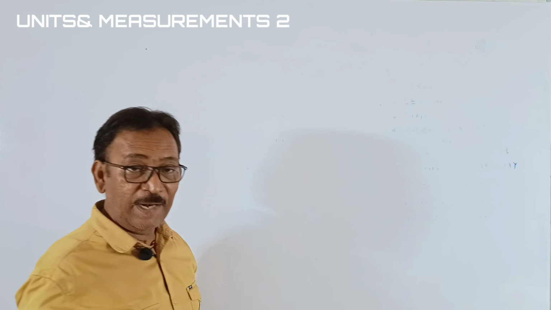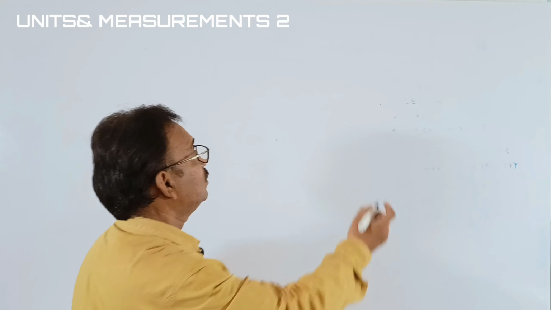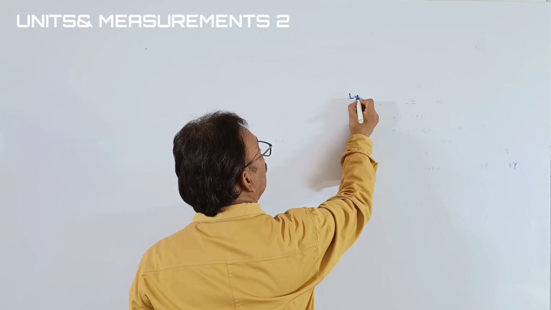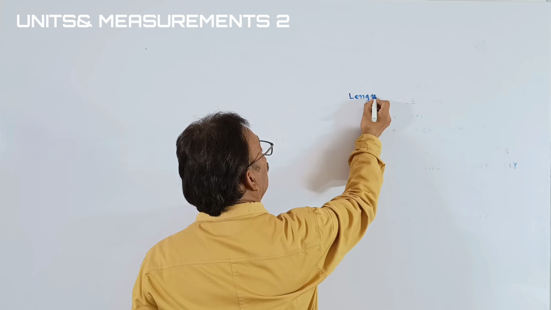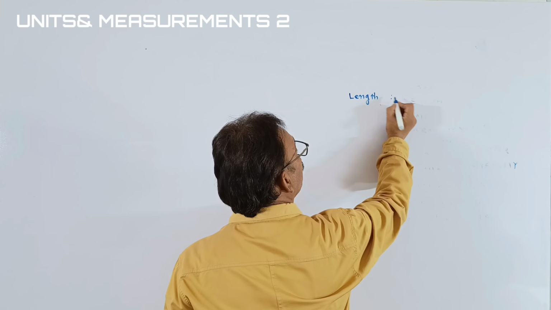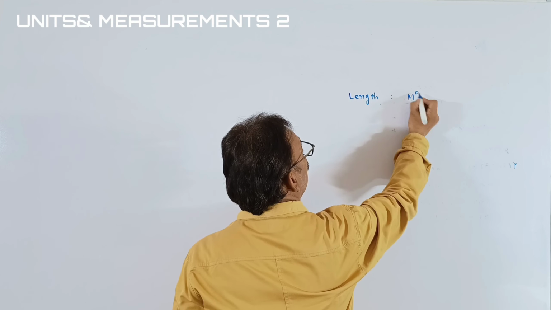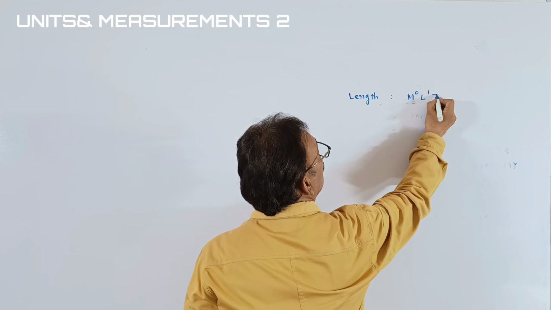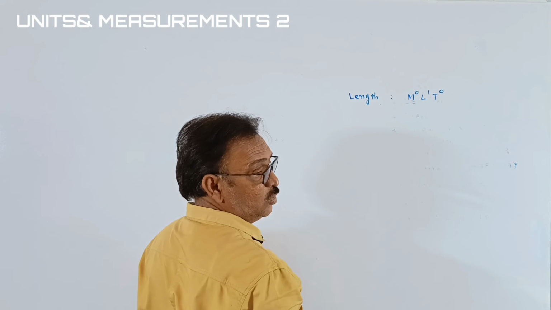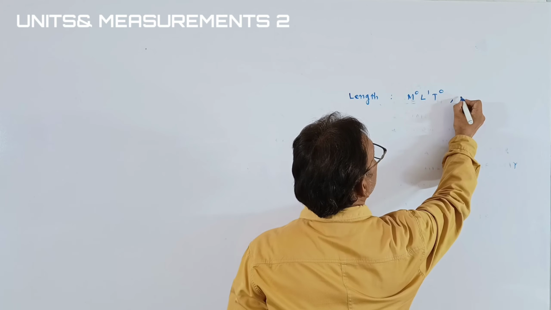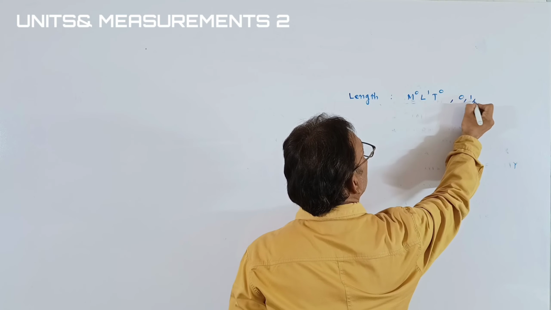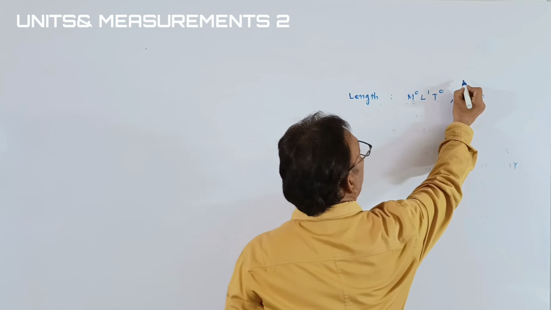Already we learned about the length. Okay, students, if it is the length, we wrote the dimensional formula as M0, L1, T0. Okay, students, and we mentioned the dimensions as 0, comma 1, comma 0. These are the dimensions.